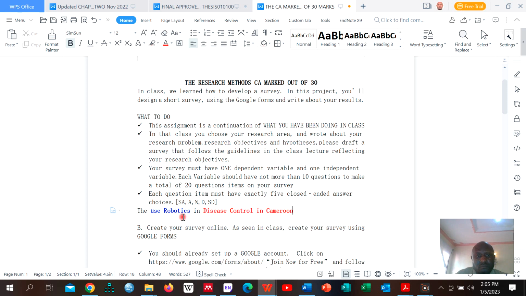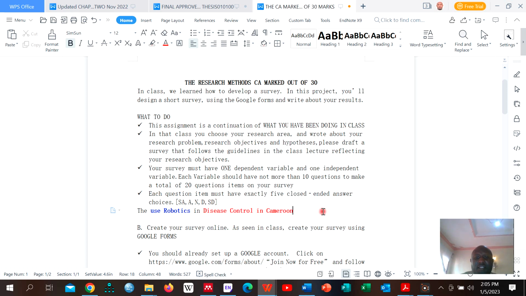So how disease is controlled in Cameroon is influenced by the use of robotics, meaning that robotics is independent and it influences the dependent, which is the disease control in Cameroon.